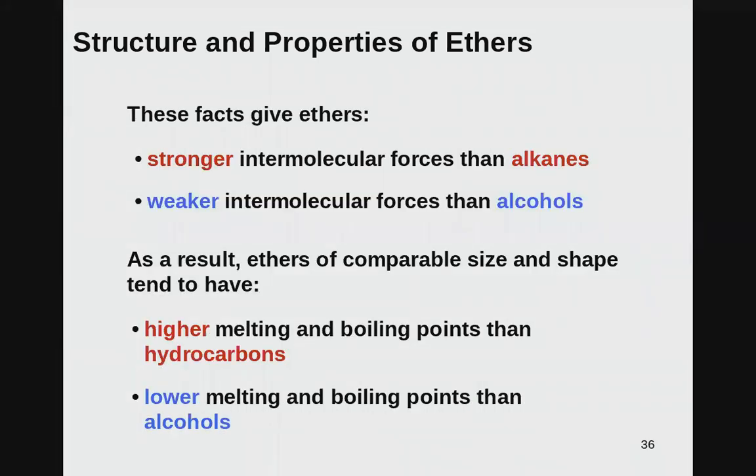So, what do we know about the properties of ether? Well, with what we just discussed, ethers have stronger intermolecular forces than alkanes, but much weaker intermolecular forces than alcohols. Remember, alcohols have very high intermolecular forces, i.e., between two distinct molecules, as opposed to intramolecular forces, which are within a single molecule.